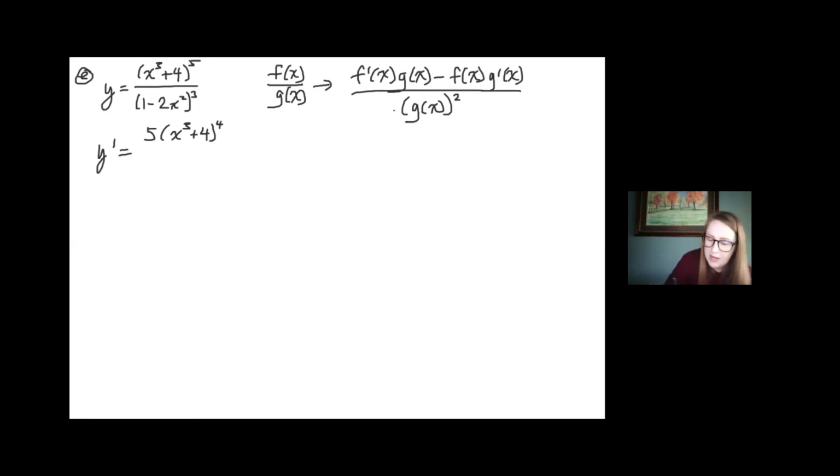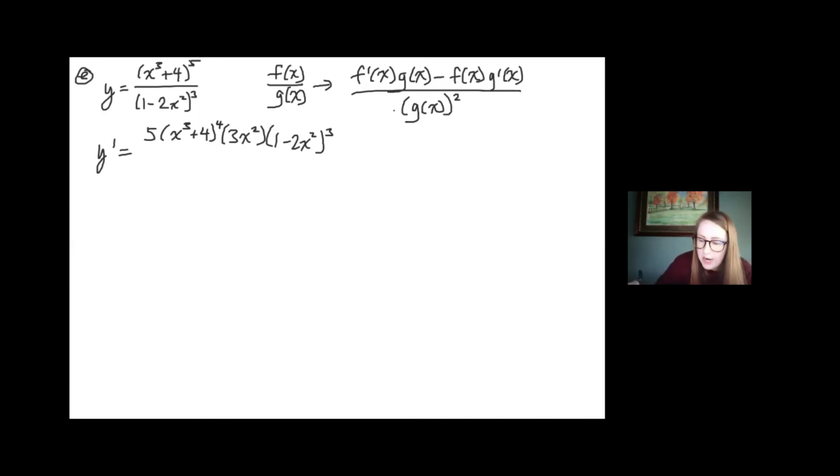And then we multiply that by the derivative of the inside function, which would be 3x squared, and that's it. So that's the derivative of the numerator. And then we multiply that by the original denominator, which would be 1 minus 2x squared cubed.